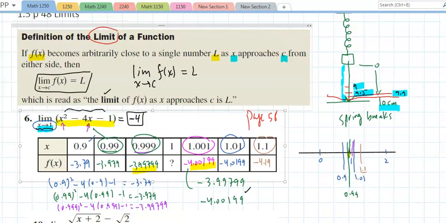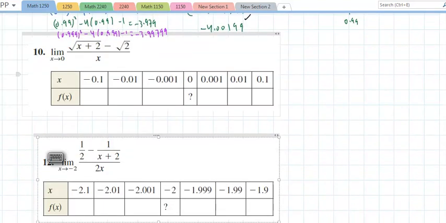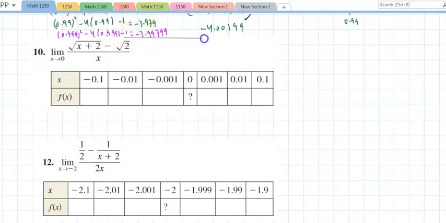Well, not to worry if you didn't get that, because we're going to do it again and again. So let's see if we can get it right this time. Now we're doing the same thing. We're getting close to 0, right? If you look at the middle, the question mark is what you can't plug in. And you try 0 and there you get undefined. So around 0, I'm going to pick points to the left of 0.